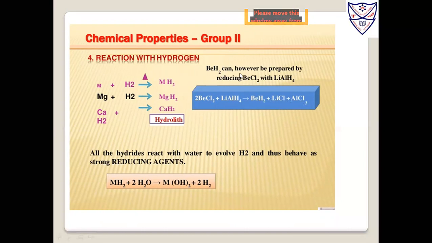So BeH2 can, however, be prepared by reducing BeCl2 with LiAlH4. All the hydrides react with water to evolve hydrogen gas and thus behave as reducing agents. So whenever hydrogen gas is released, it acts as a reducing agent. Okay. So metal hydride when reacted with water gives metal hydroxide plus hydrogen.